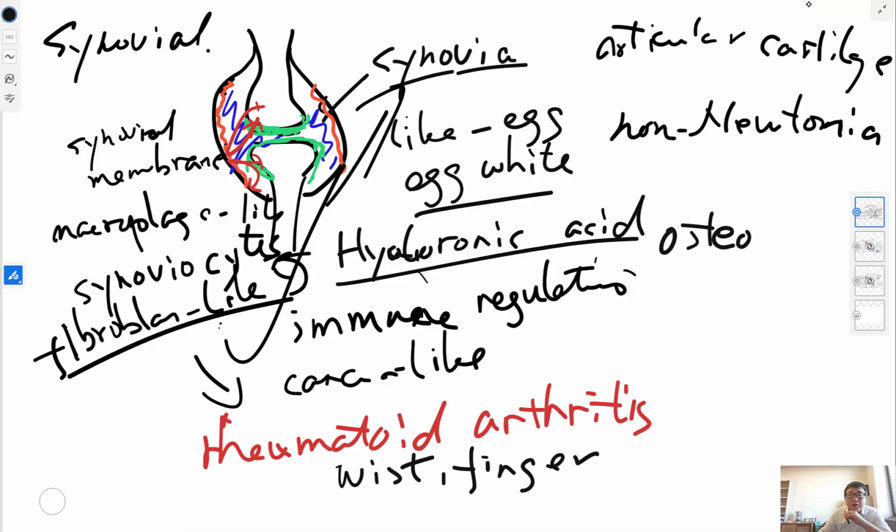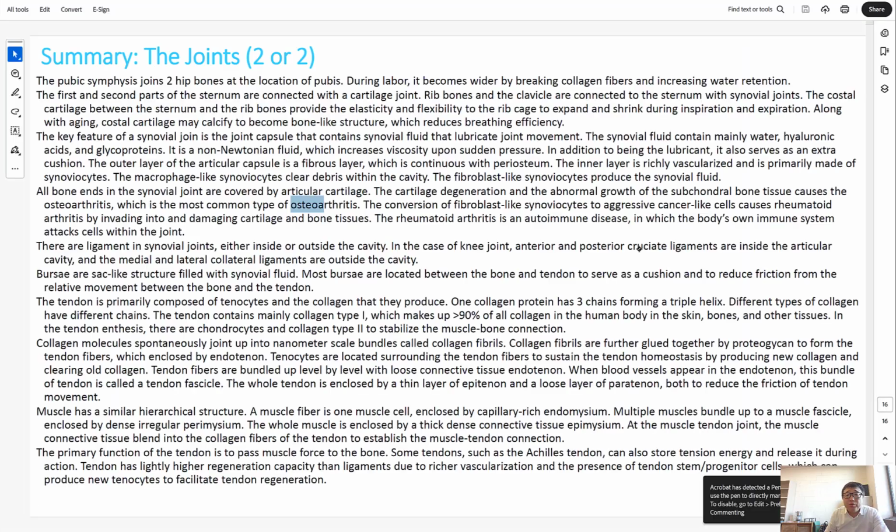Yeah, just osteoarthritis. Osteoarthritis. What happened to the osteoarthritis? I see.